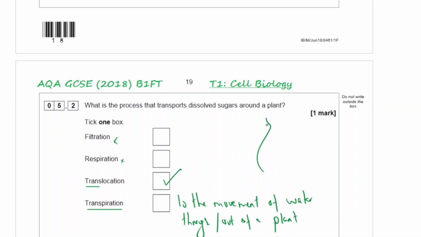Now, in a normal plant, right, it's constantly losing water through the leaves, right? Water goes in through the stem and then comes out of the leaf, right? It's basically like sweating. It's an important process to make sure that the plant is cool enough as well, and you need water constantly being moved up, right, as long as there's water in the soil to keep the plant's shape as well.